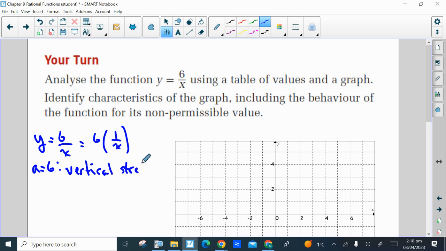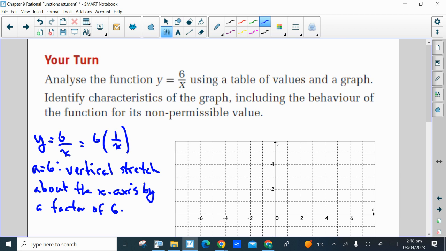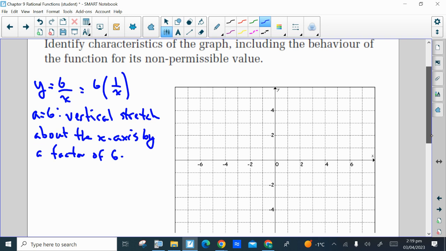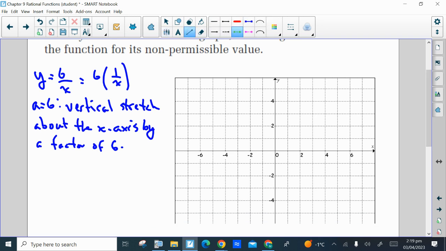A vertical stretch, that must be about the x-axis, by a factor of 6. All that's really going to do is just make the y values get larger faster. That's all it's going to do. Okay? But we could still, if we want, come up with a table of values for this.